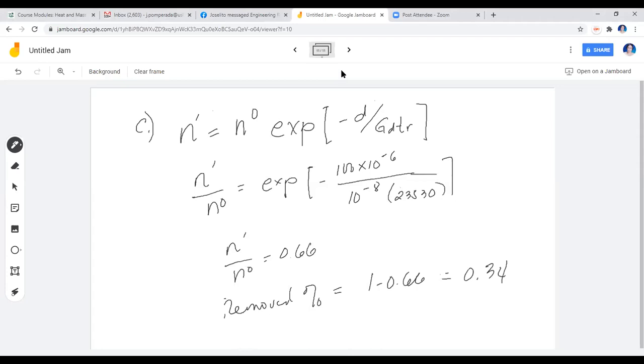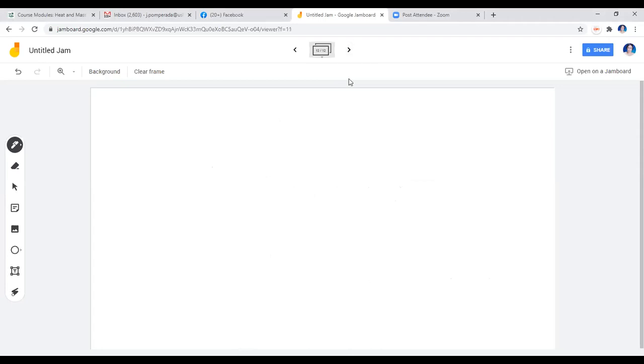You have removed already 90% because they have already grown to the size requirement of 100 micrometer. Then it tells you that the N prime over N naught would be only 0.10. So in here, you'll be able to determine the residence time of this particular 10%.